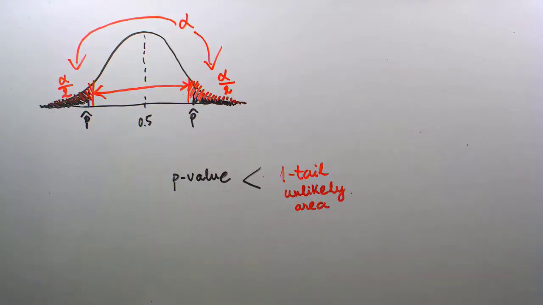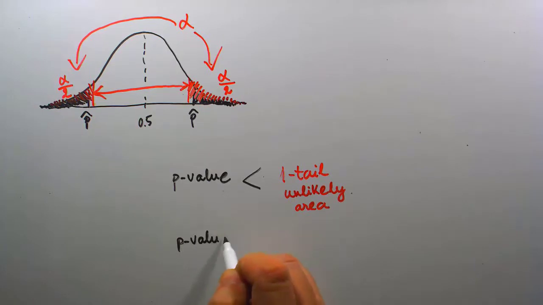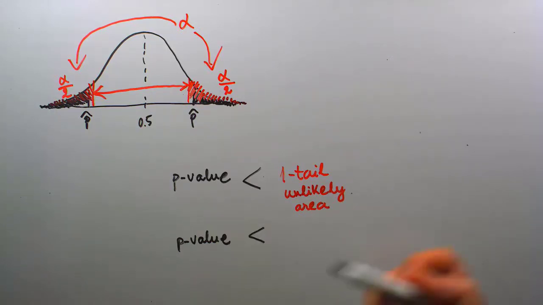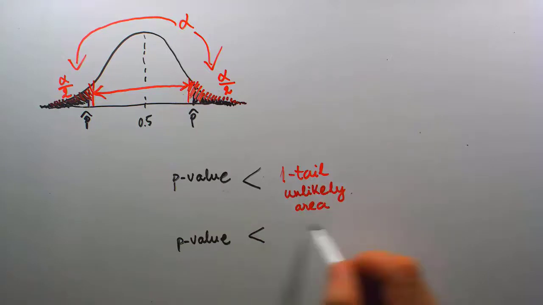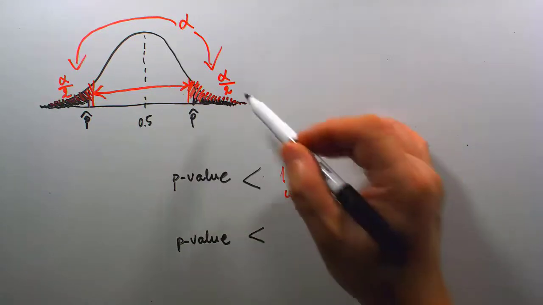And so that means any of the p-values we have been doing in a one-tail problem, the way we were proving that was always about comparing either less than or greater than, but it's only a one-tail unlikely area, which is only half of the amount.